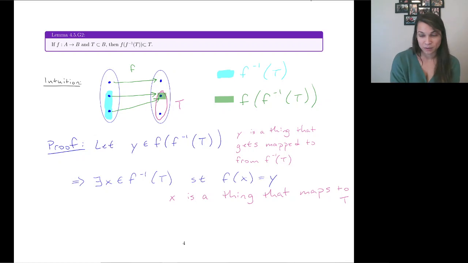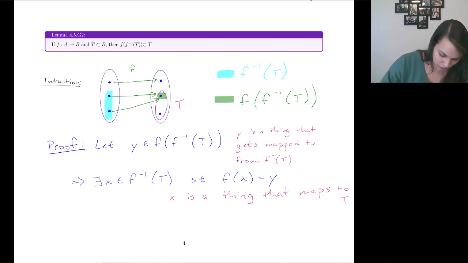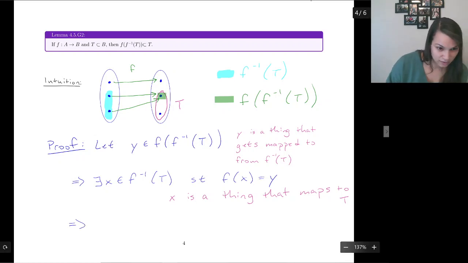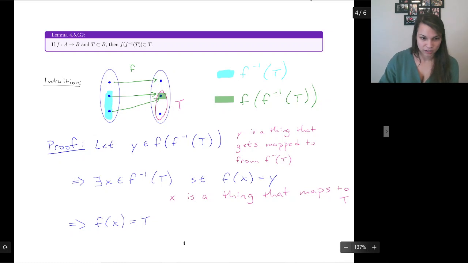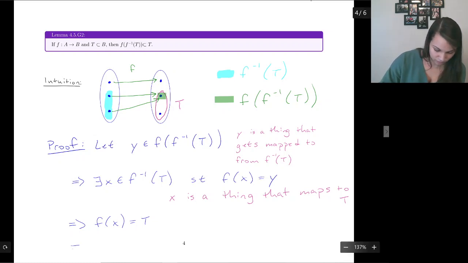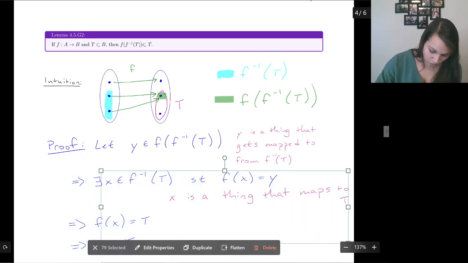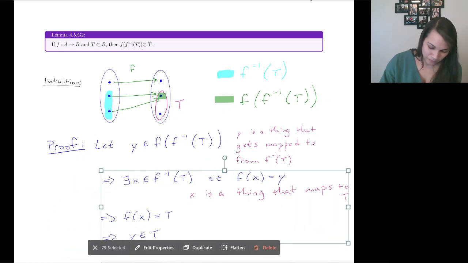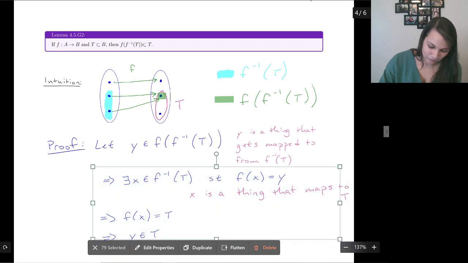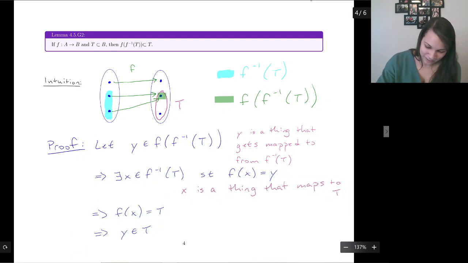It wouldn't be in the pre-image if it didn't map into T. So then I can say that the image of x has got to be in T. That's how we interpret that pink stuff. But f of x is just y, so y is in T. Okay. Hopefully this is vibing with people.